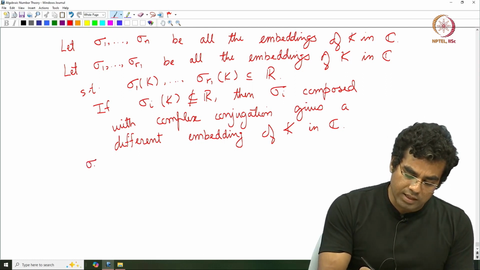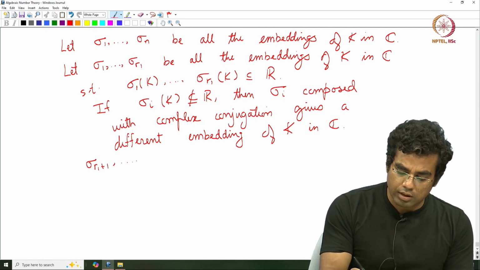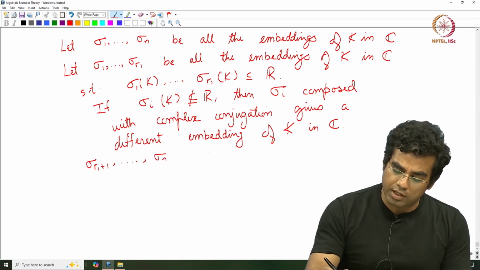This means that sigma r1 plus 1 and so on up to sigma n appear in pairs.